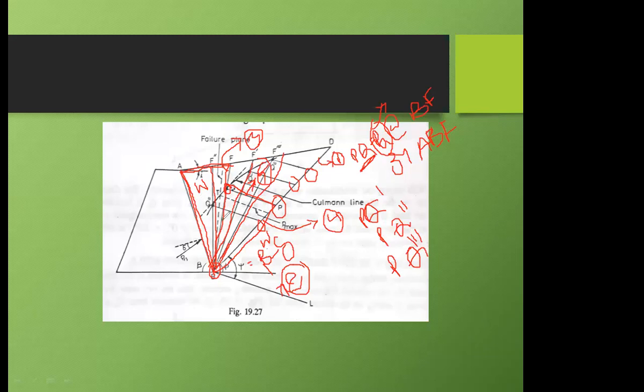And these points need to be joined with a curve. All these Q points, Q dash, Q double dash, all these Q's need to be joined.